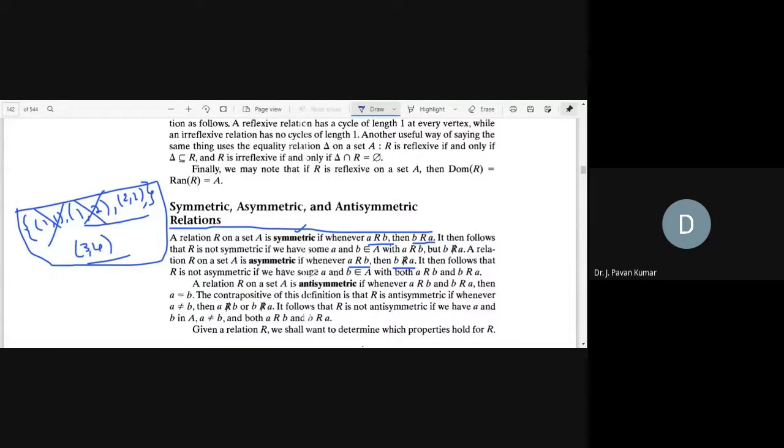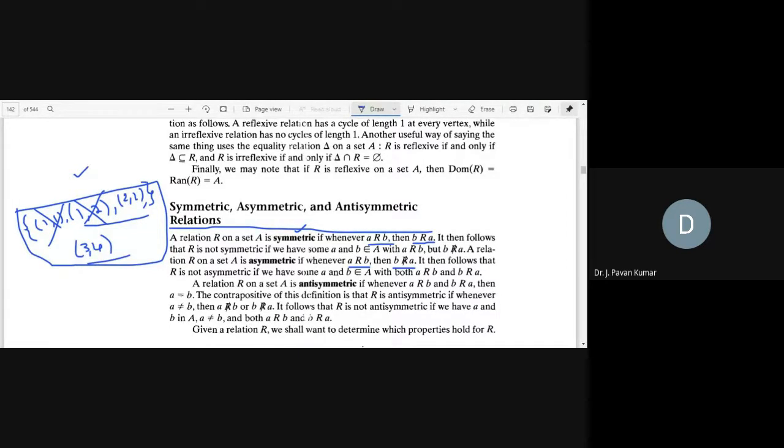Next, what is meant by not asymmetric? Not asymmetric in the sense that for some A and B, A is related to B and B is related to A. If for every pair of the form A comma B, B comma A is also part of the relation, then we can consider it as symmetric.